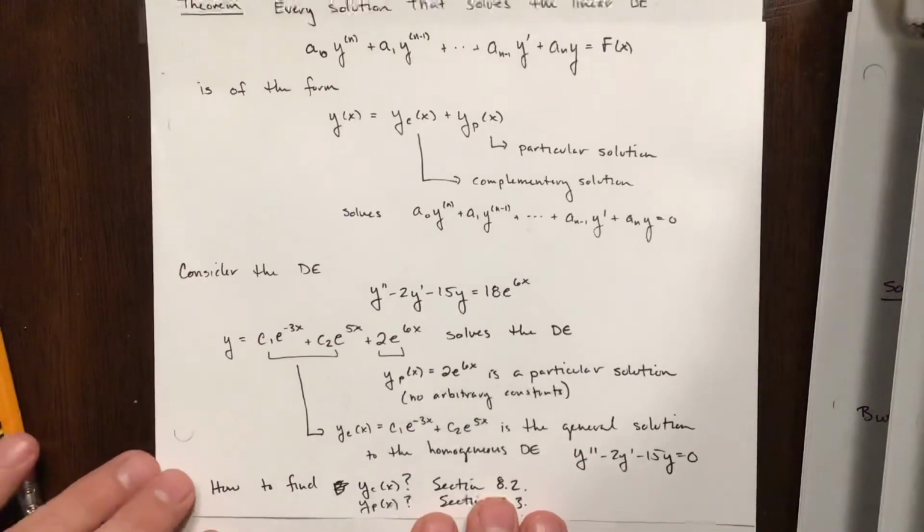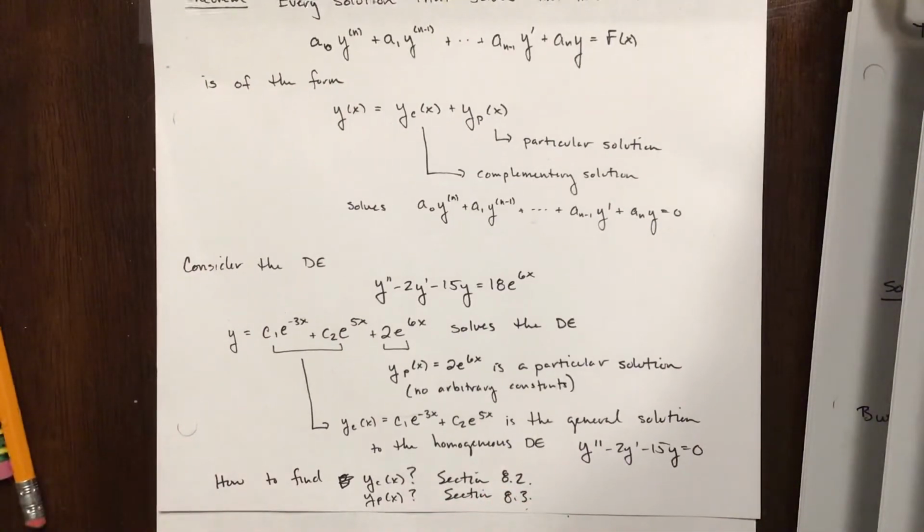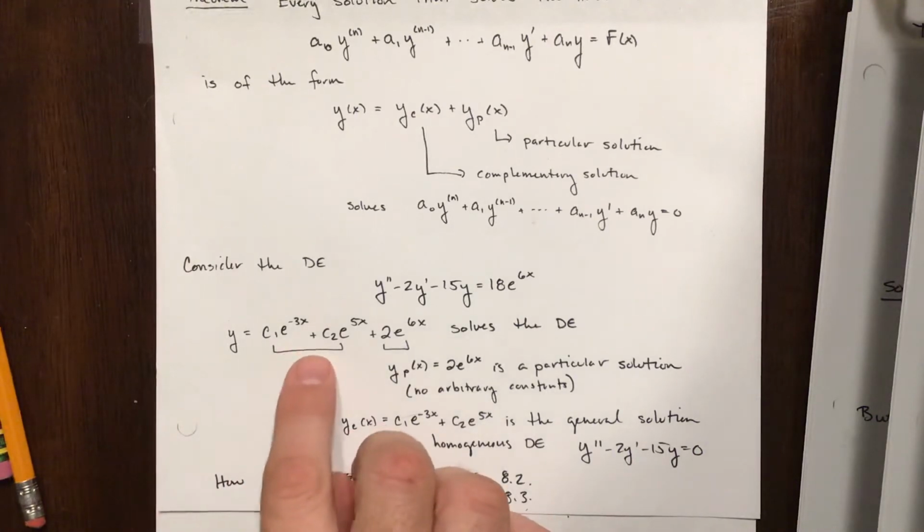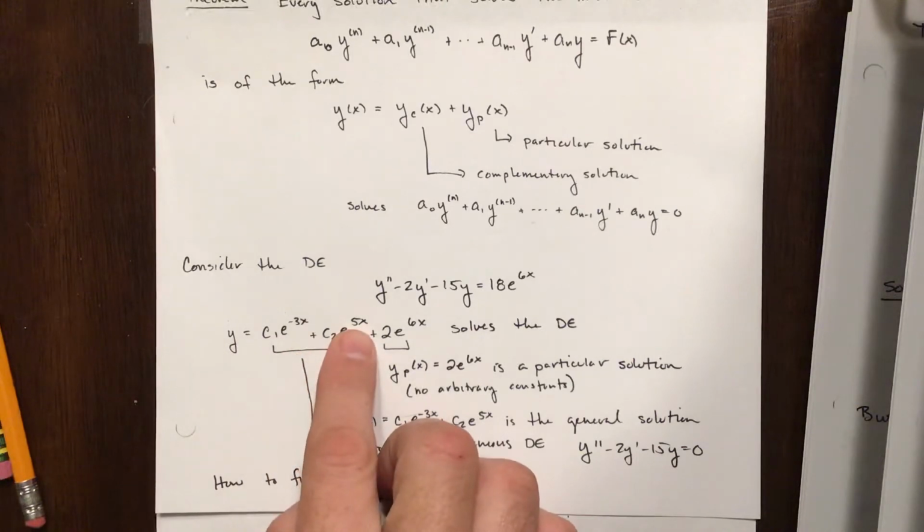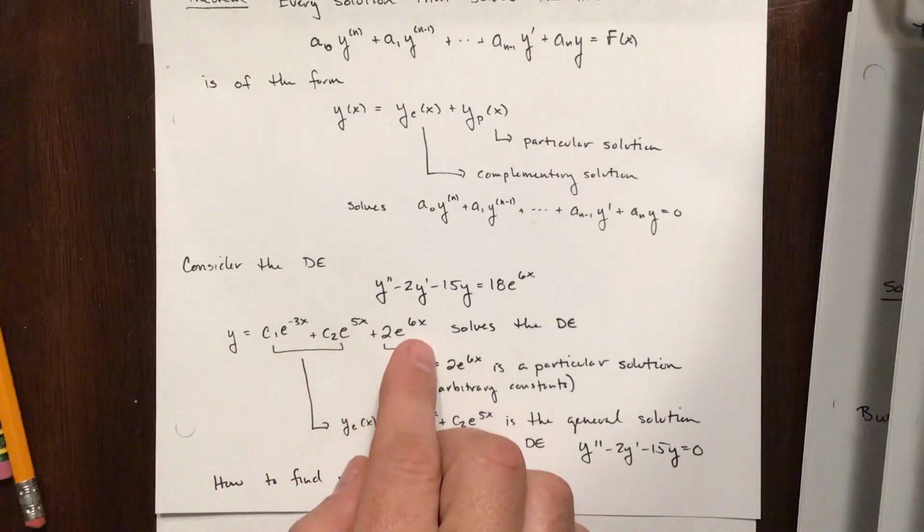So, looking at an example of the theorem above, if we had y double prime minus 2y prime minus 15y is equal to 18e to the 6x. The solution to that, and you're going to take my word for it, looks like c1 e to the negative 3x plus c2 e to the 5x plus 2e to the 6x.